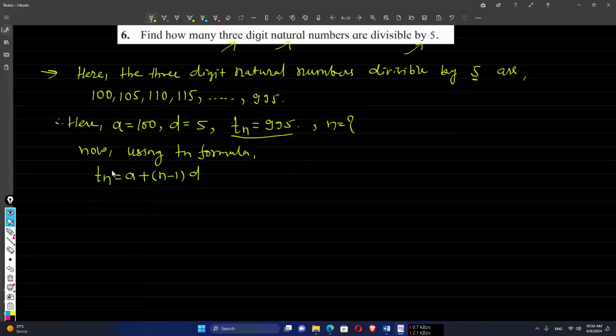So we will replace this Tn with 995 equals A, meaning the first term, which is 100, plus n. We have to find the value of n, so we will take this n as it is, minus 1, and the common difference is 5. All right.